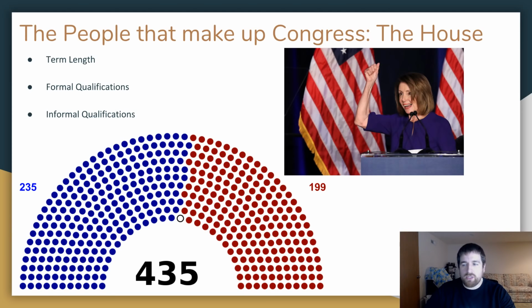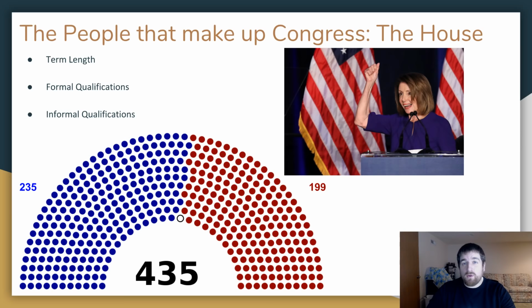Formal qualifications include that you need to be 25 years of age, you need to have been a U.S. citizen for at least 7 years, and you need to live in the state that you represent. More specifically, you should also probably live in the district that you are planning to represent as well. So those are written in the Constitution. You must meet those requirements in order to run for and be elected to the House of Representatives.